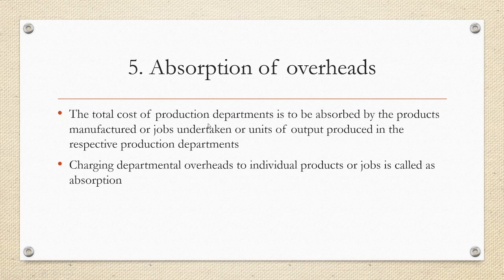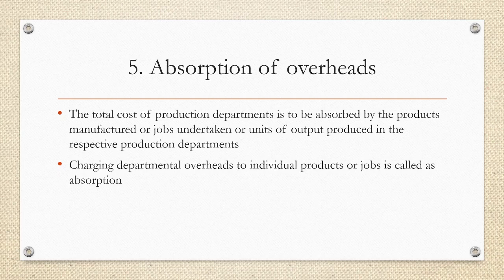For example, if you have different production departments A, B, C, and department A has 10,000 rupees total overhead, the number of units manufactured has to be found out, and the overhead divided by the number of units to find the per unit cost of output. So 10,000 divided by the number of units gives us the per unit cost of output. That is known as the absorption of overheads.